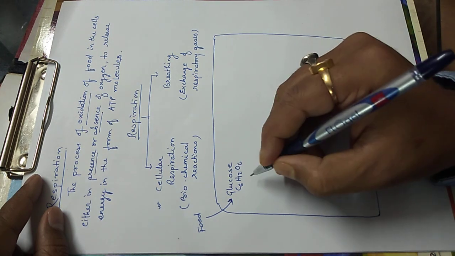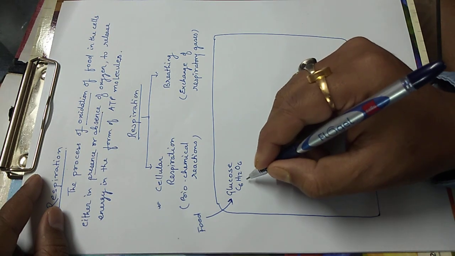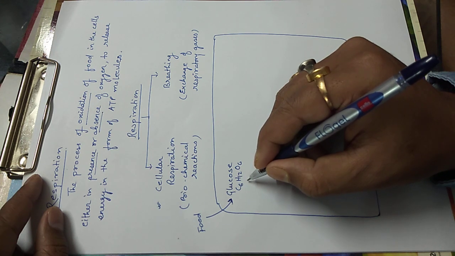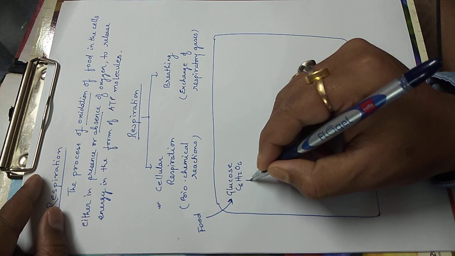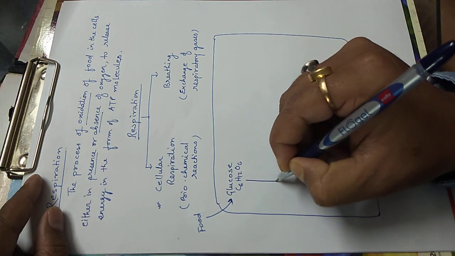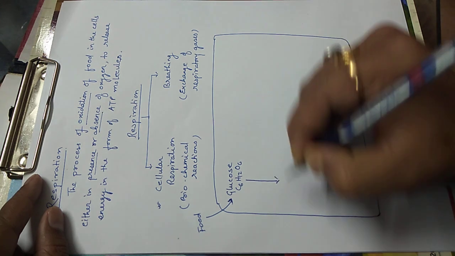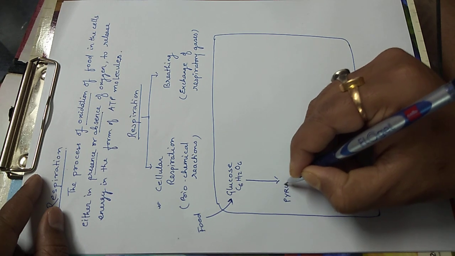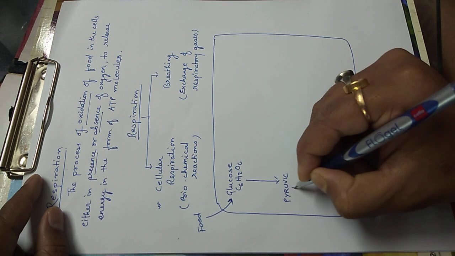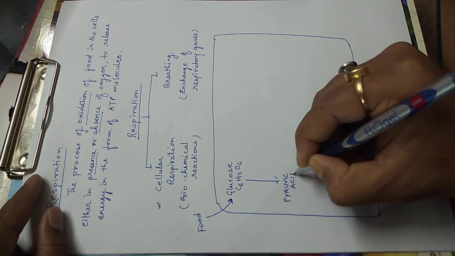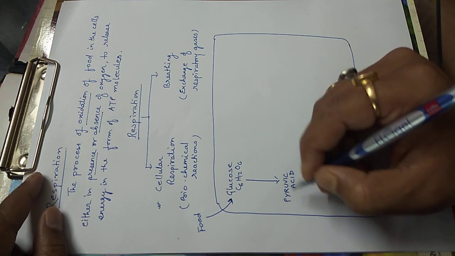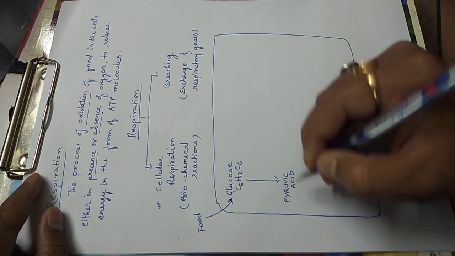Now initially in all the cells wherever respiration will take place, this glucose is converted into a compound which is called pyruvic acid or pyruvate.